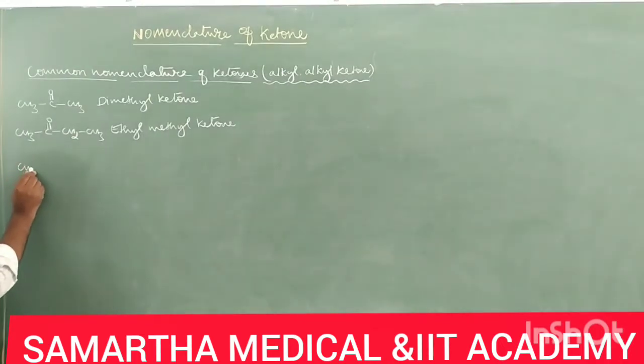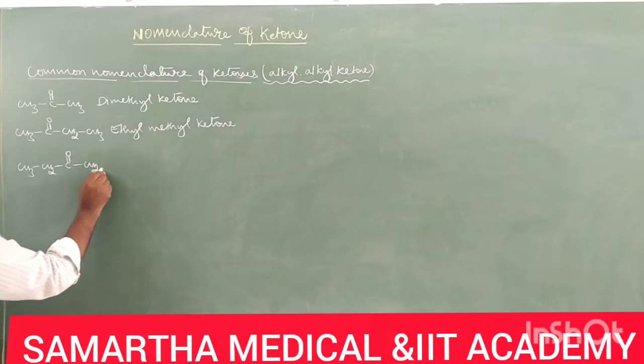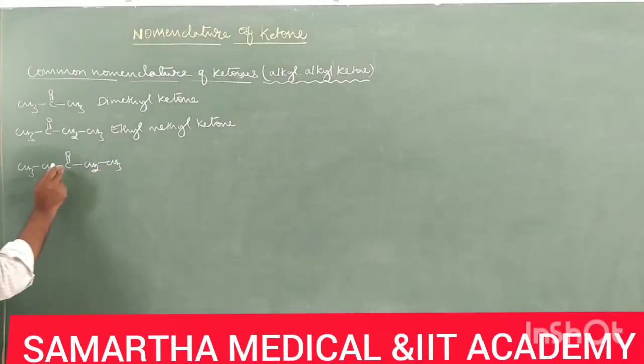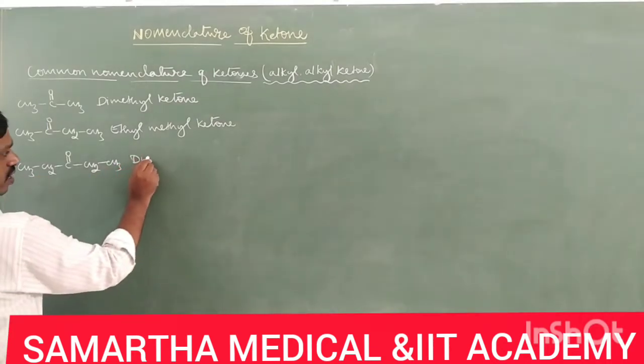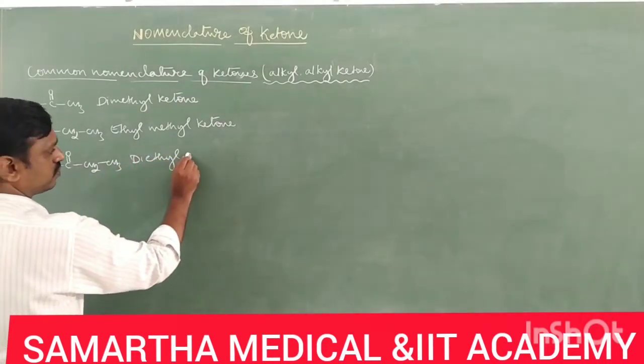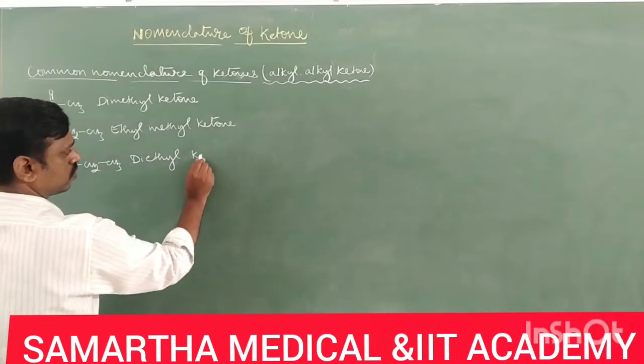Suppose two ethyl groups are attached to the CO group, then we can write diethyl ketone.